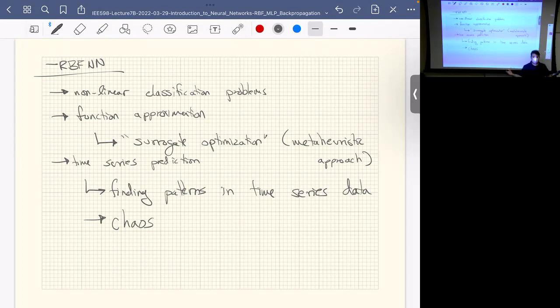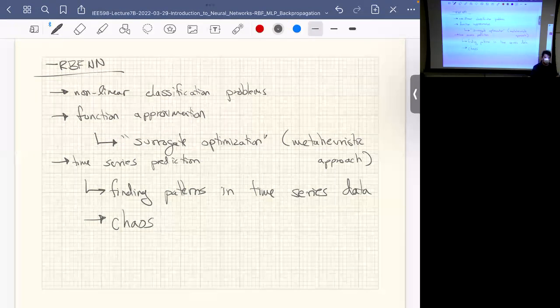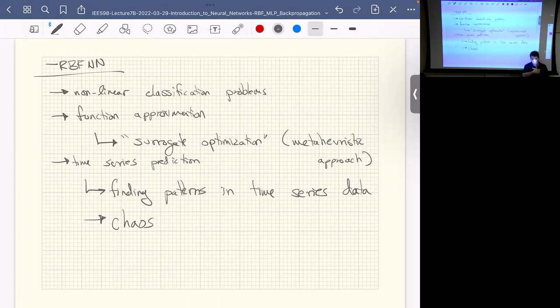And if you found, wow, I thought this was noise, but it turns out my radial basis function neural network can predict the next point 99% of the time, then that tells you that this apparent noise has structure, and that structure has been captured by the radial basis function neural network. So they're extremely flexible little tools, the radial basis function neural network.